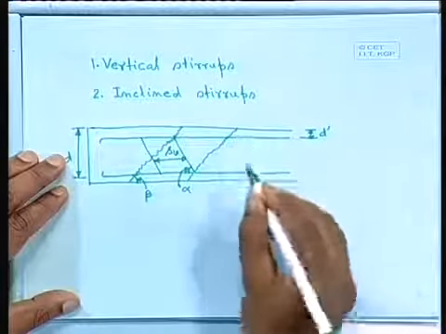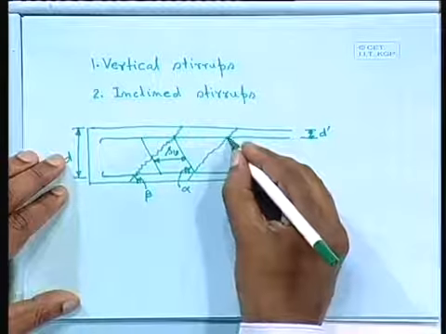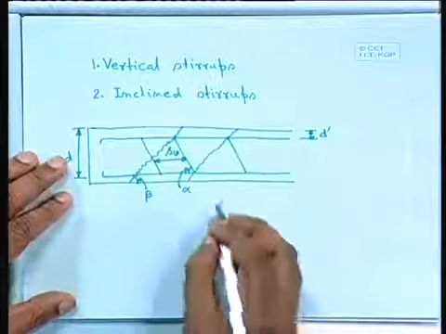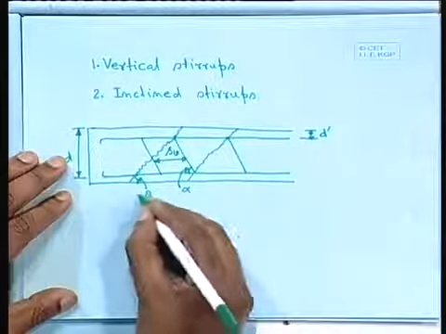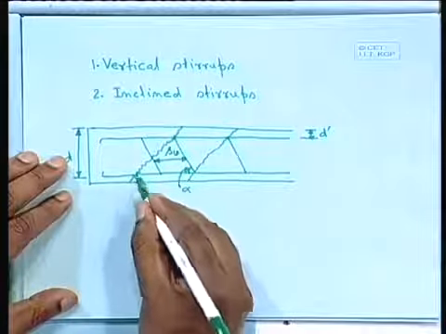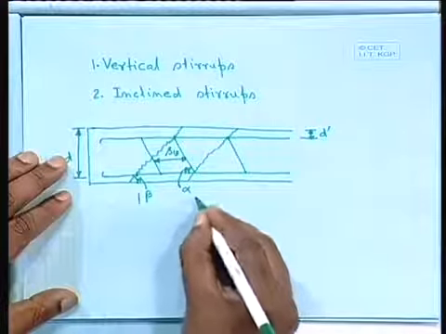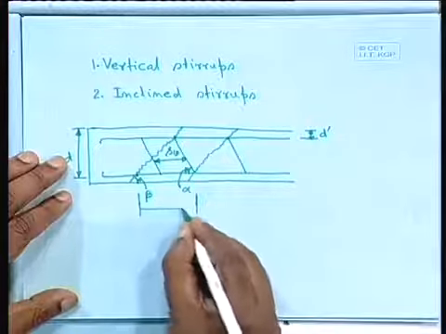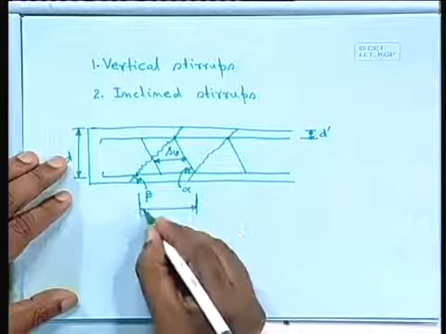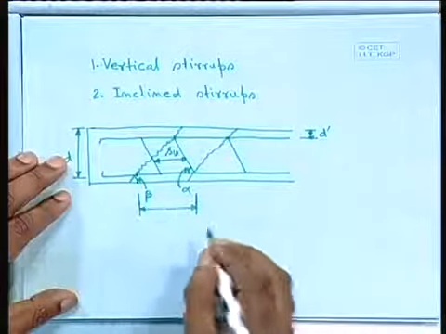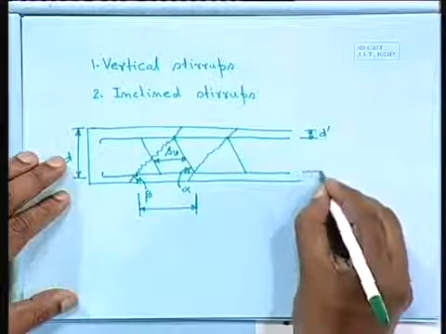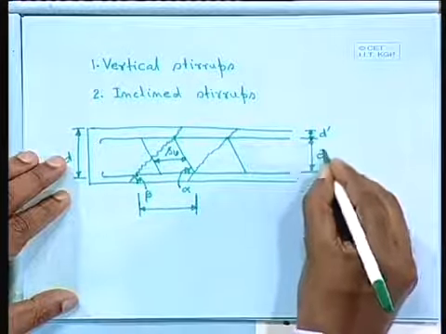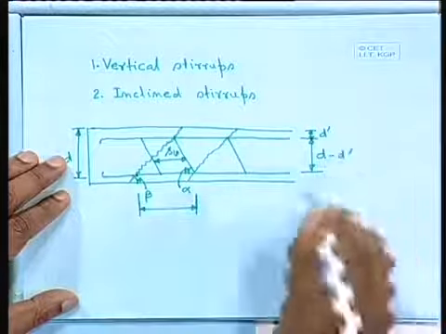So, this is another crack, like that it can go, and we are providing stirrups. The distance, we are taking this one from here to here. This distance will be equal to, what about this one, this depth D minus D dash.